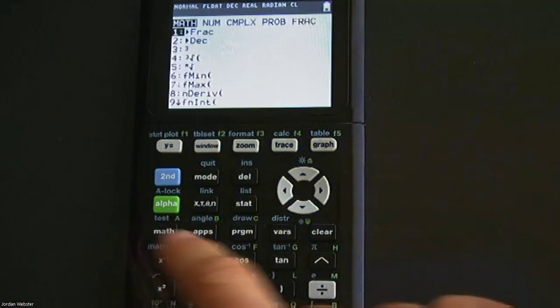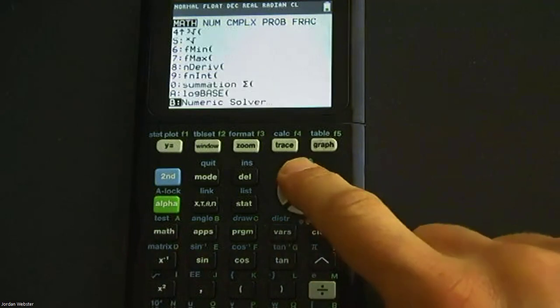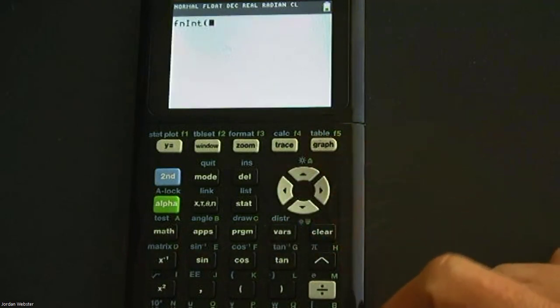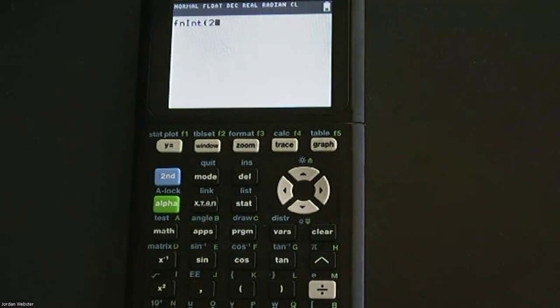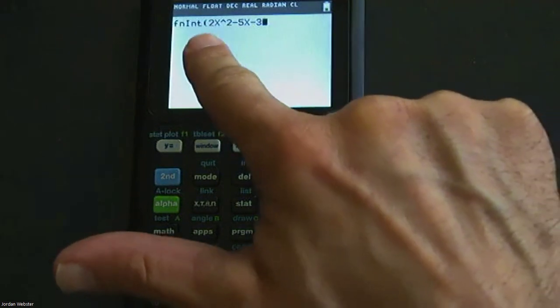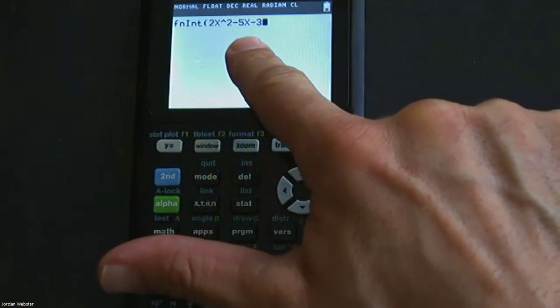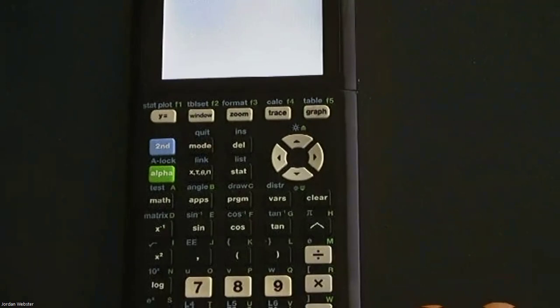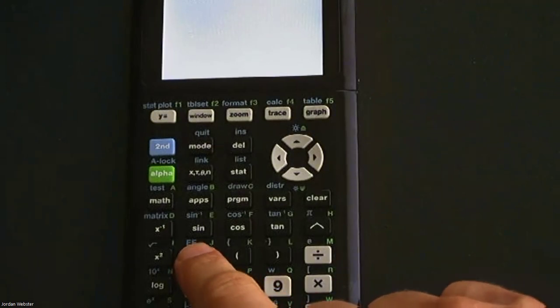So for instance, if I wanted to integrate the function 2x squared minus 5x minus 3, what I would do is hit that function integrate. I'd plug in the function first, and then I have to hit comma. That's right above the 7 button.